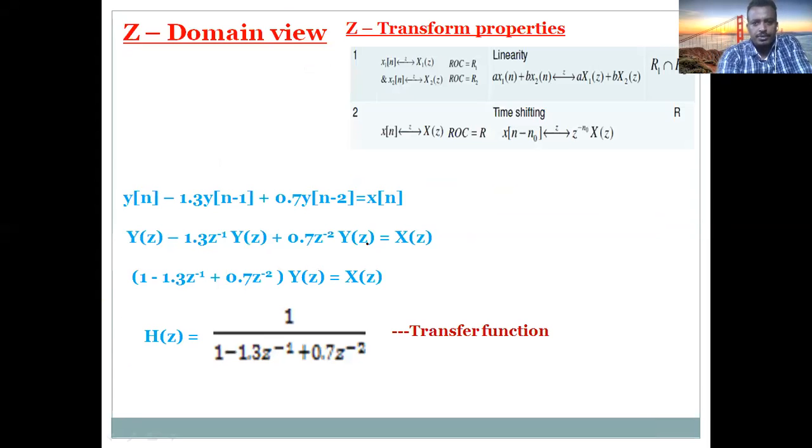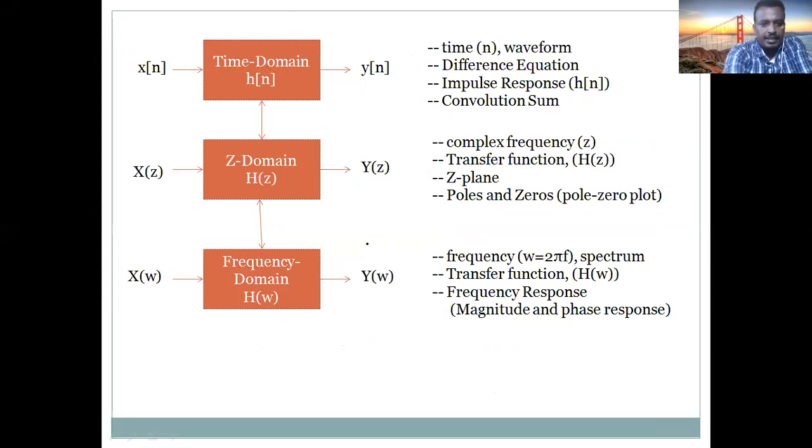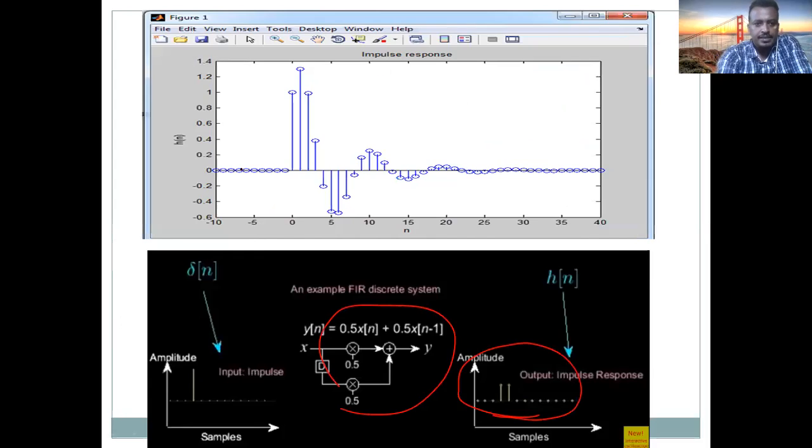Okay, now the second approach, our topic will be the Z domain view. As we have discussed, you can analyze, represent, or design discrete time systems in basically two different approaches, frequency domain and time domain, but a more general frequency domain approach is called Z domain, which is relatively the easiest way for analysis and design.